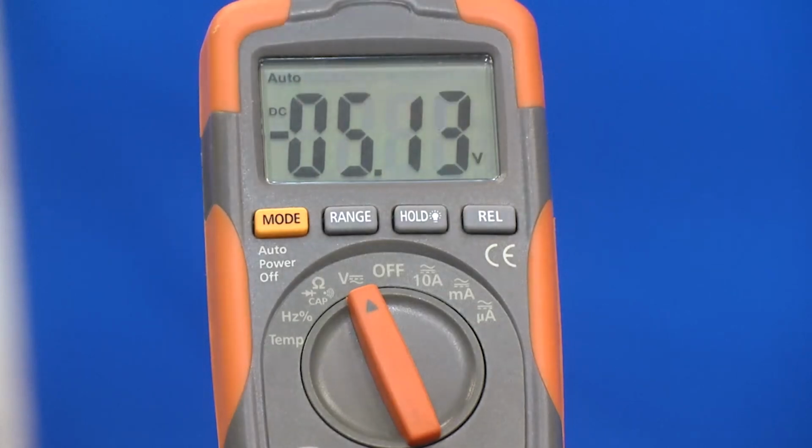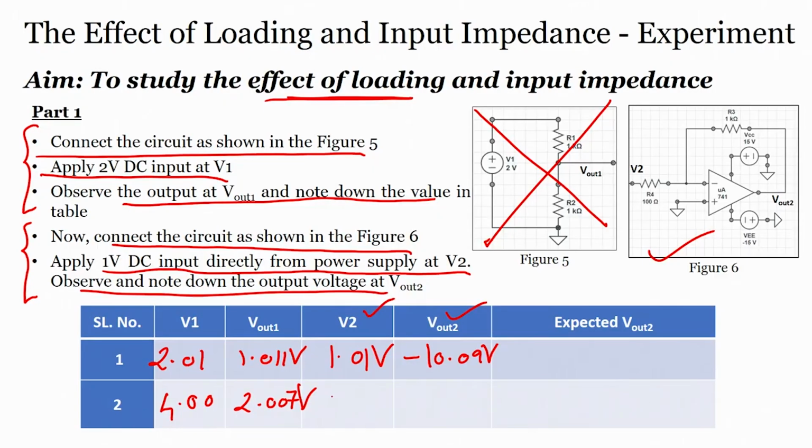We get minus 5.13 volts. So, now we know how to use the inverting amplifier and how to use the potential divider.